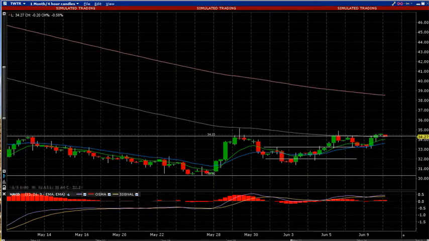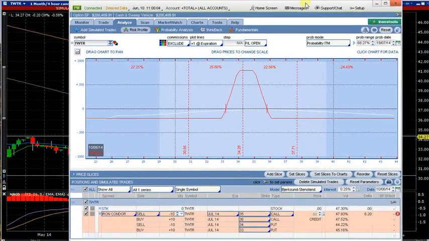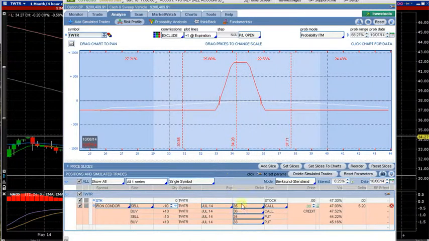So now let's look at the iron condor so you can see the difference. Okay, an iron condor 33, 34, 35, 36 would look something like this. What this means is I'm selling 34, 35, the inside range, and I'm buying the outside range, 33, 36.